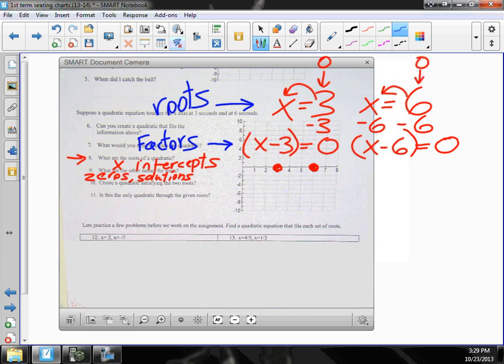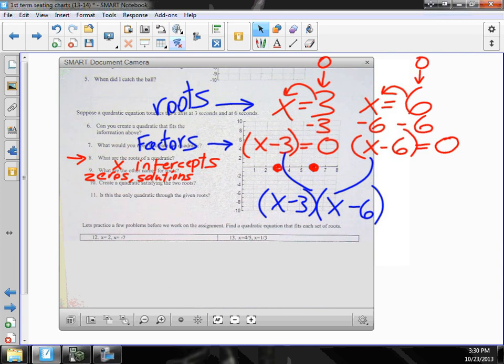Well, I'm going to take those 2 factors, and I'm going to multiply them together. So x minus 3, multiply that by x minus 6. And when I multiply those together, I will get a quadratic equation, and that quadratic equation will hit the x-axis at 3 and at 6, guaranteed. So we have to go back to our rules of distribution.